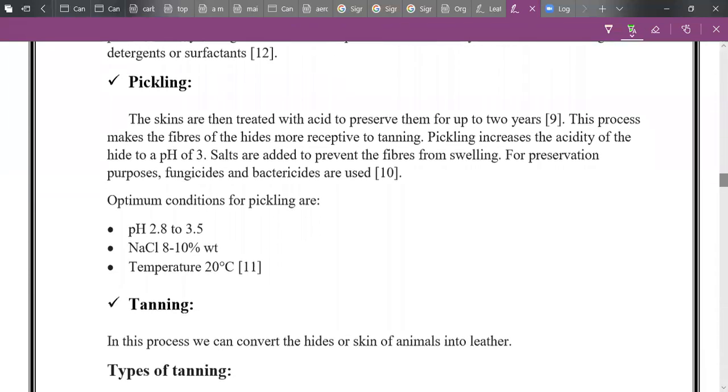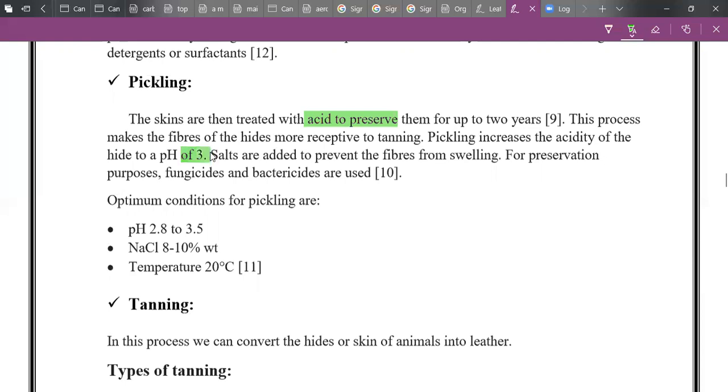Pickling. Hides are then treated with acid to preserve them for up to 2 years. This process makes the fibers of the hide more receptive to tanning. Pickling increases the acidity of the hide to a pH of 3.